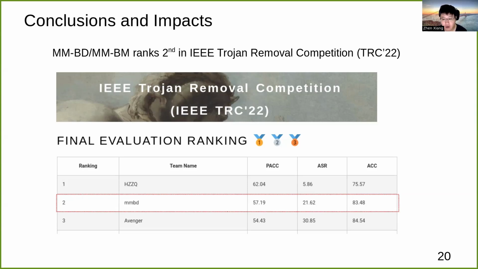And notably, our method achieves very high PACC, which is the classification accuracy on those samples embedded with the trigger, where we want to infer the original source class of those samples with the trigger. So our method is not only novel in methodology, it's also very effective as shown by our achievement in the competition.